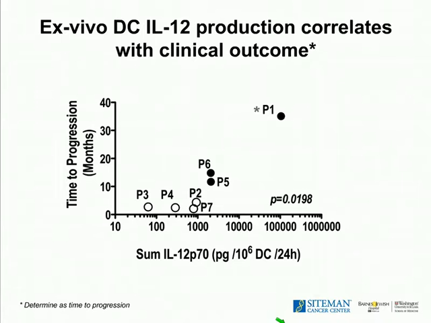So this then brought the question as to why there was a difference in IL-12 production between the clinical responders and the non-responders, and whether in the case of the non-responders, it was just a reflection of a generalized immune defect, or it was something specific to production of IL-12 by the dendritic cells.